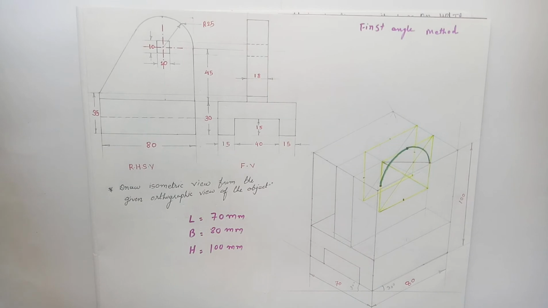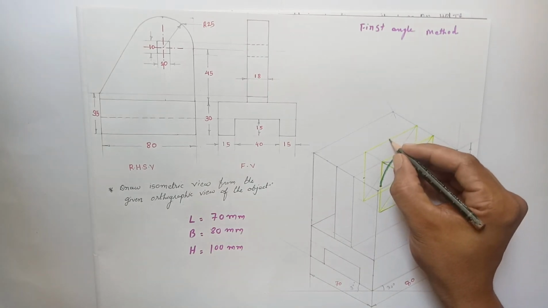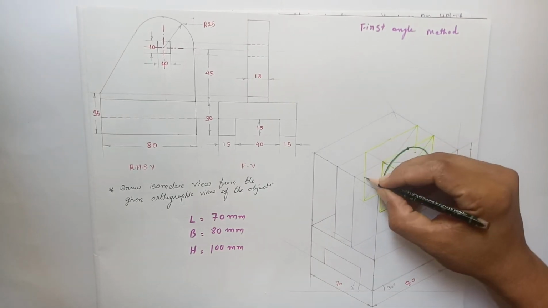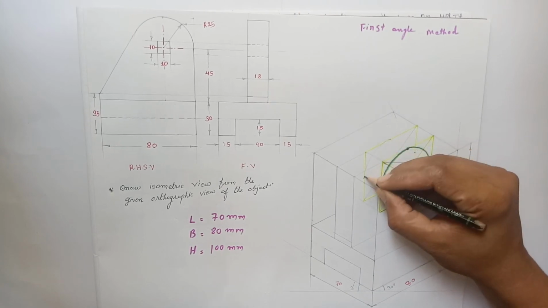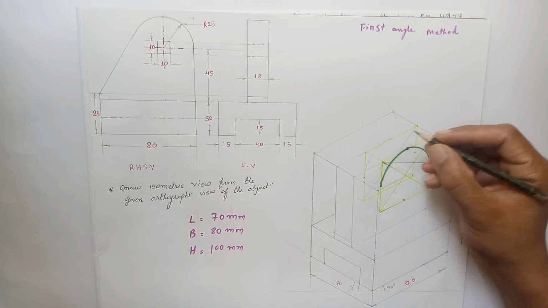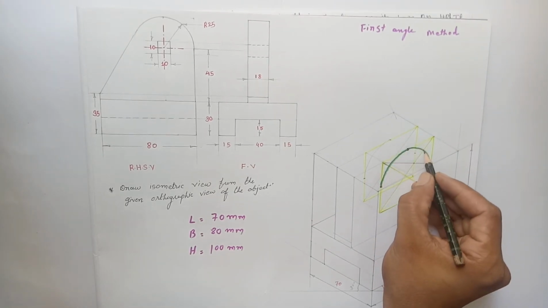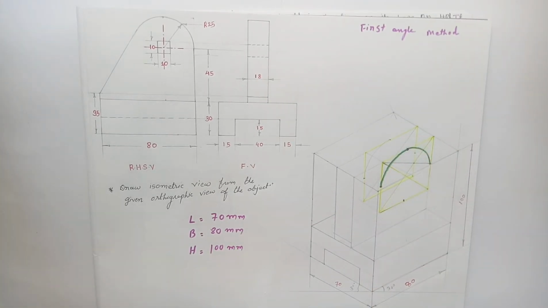Following the same method, draw the arc over here also. I have drawn it here as a freehand curve, but you have to follow the same method that we have followed.